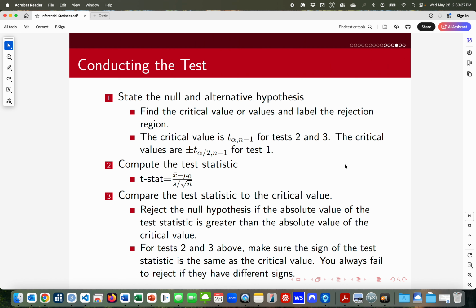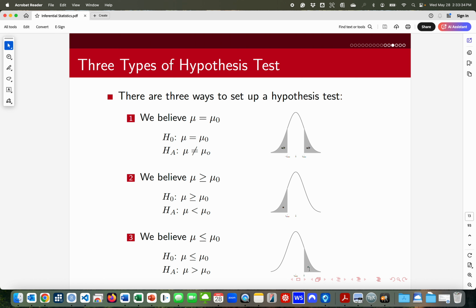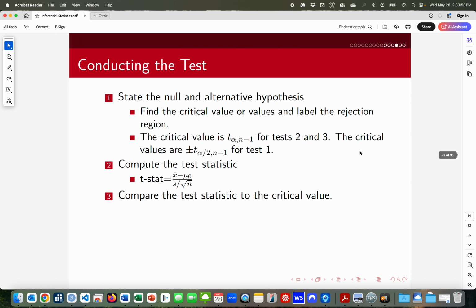If it's a positive critical value, so it's a right-tailed test, right here, your t-stat needs to be larger, more positive than the critical value. If it's a left-tailed test like this, the test statistic needs to be more negative than the critical value. So the test statistic has to fall inside the rejection region. And if it's a two-tailed test, it can fall in either one of these regions.